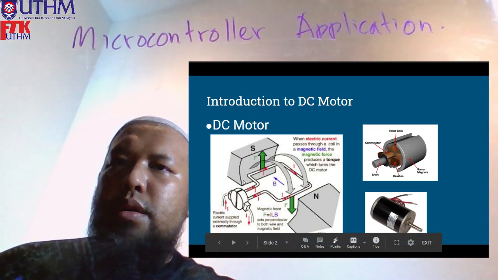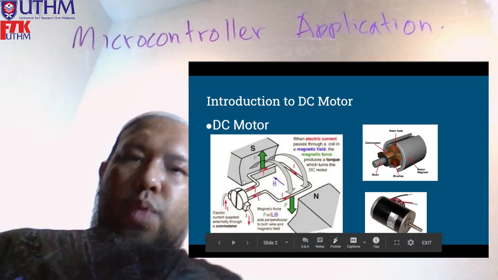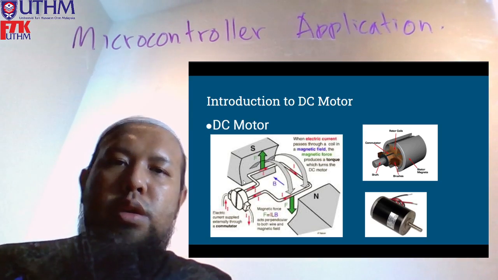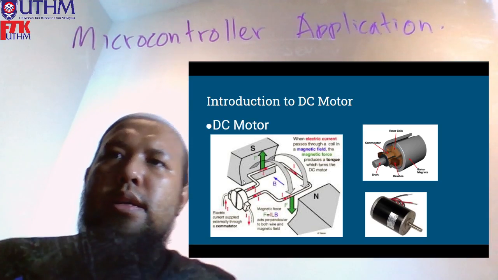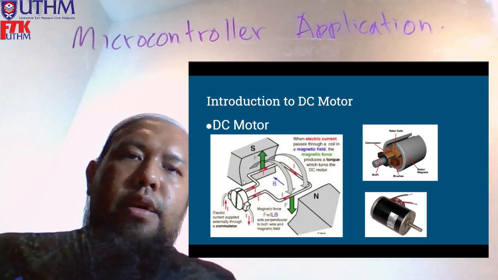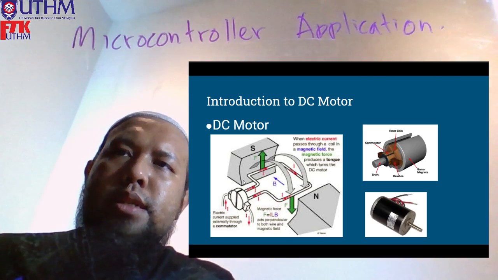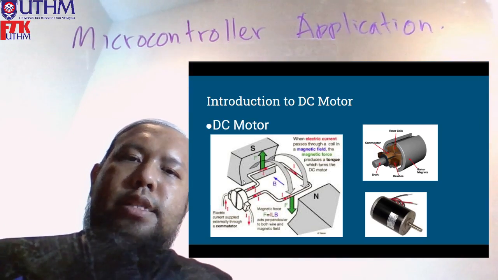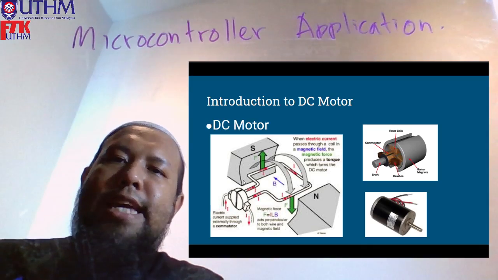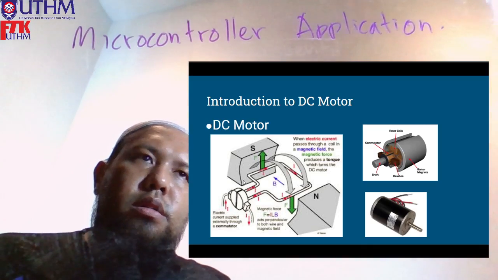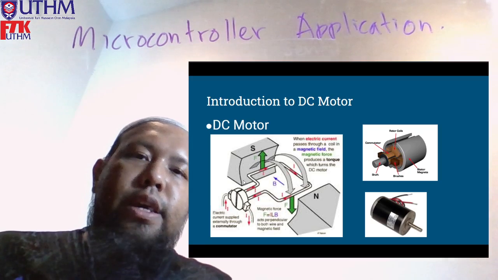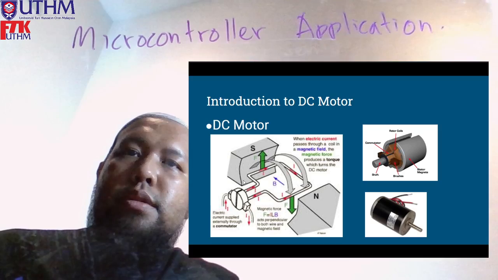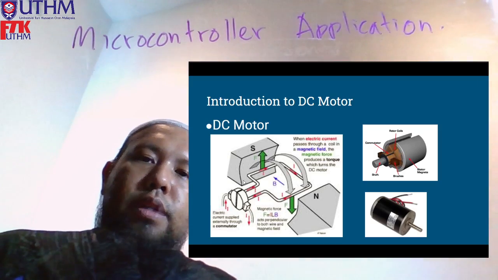Right, so before we go deeper into what is PWM or pulse width modulation on a microcontroller, let's take a brief view on what is a DC motor. Okay, this is, I think, the first and the simplest method of adding something that is moving or rotating in our systems that can affect our environment, right?